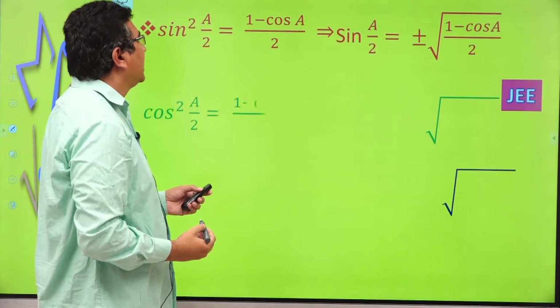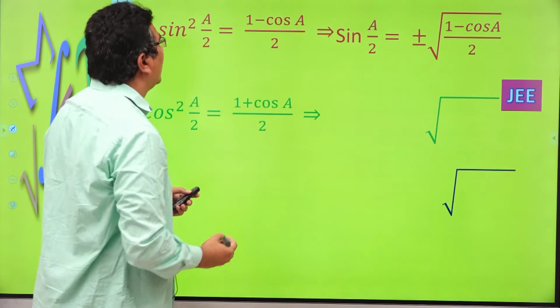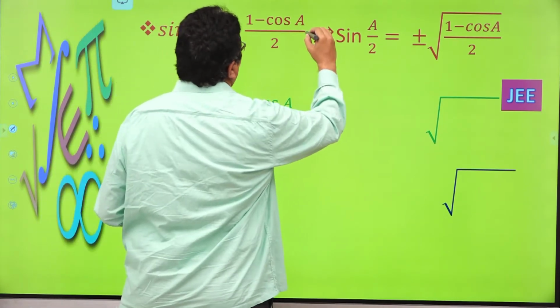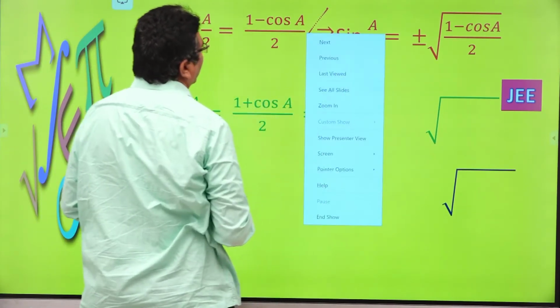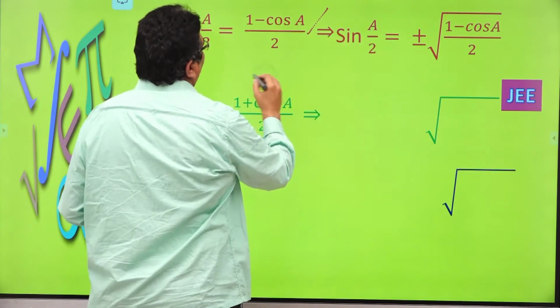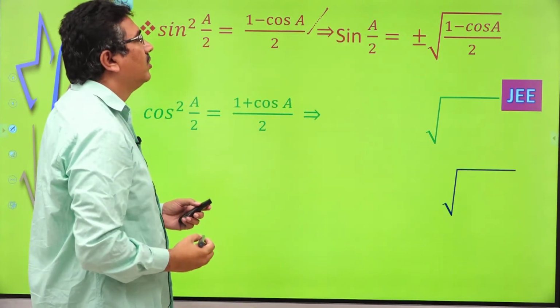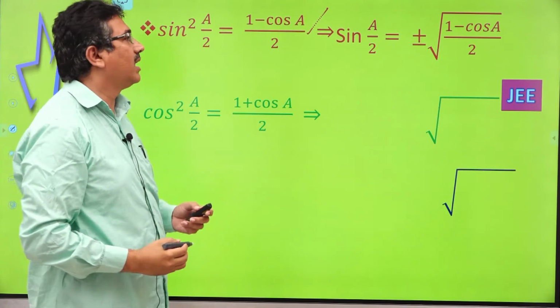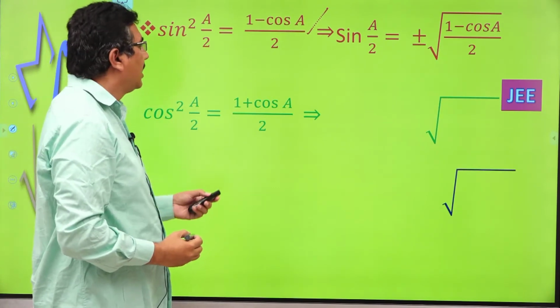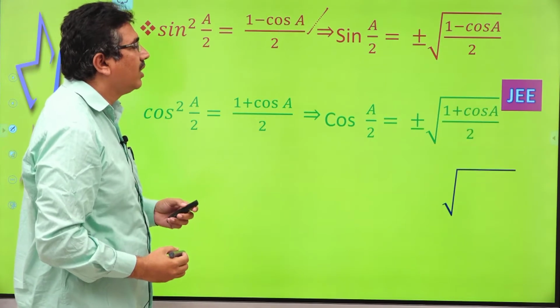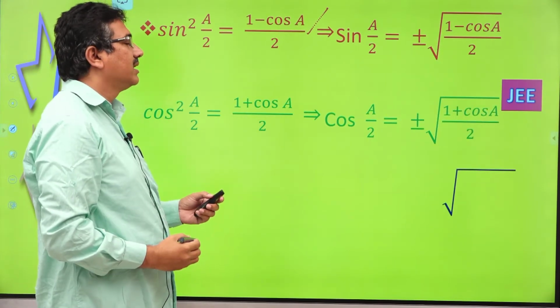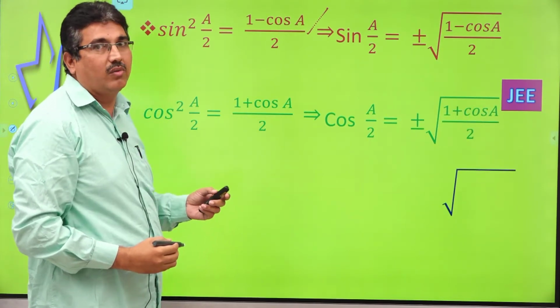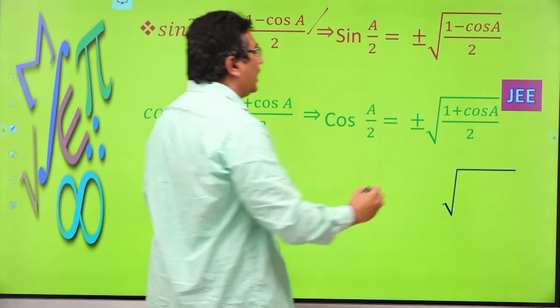Right. Sin square A/2 is equal to (1 minus cos A) by 2. Next, sin A/2 is equal to plus or minus square root of (1 minus cos A) by 2. Similarly, cos A/2 is equal to plus or minus square root of (1 plus cos A) by 2.